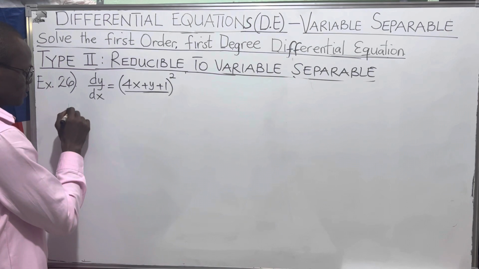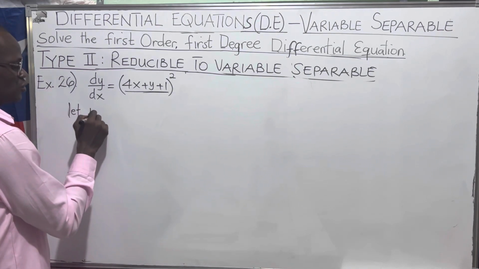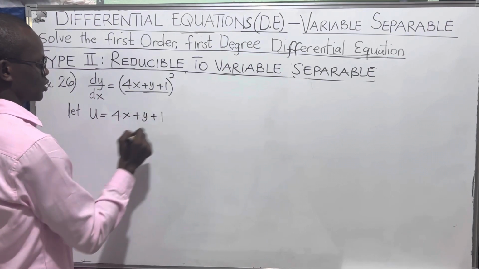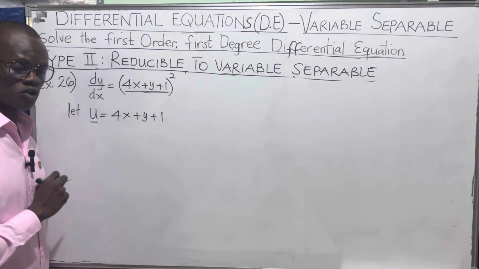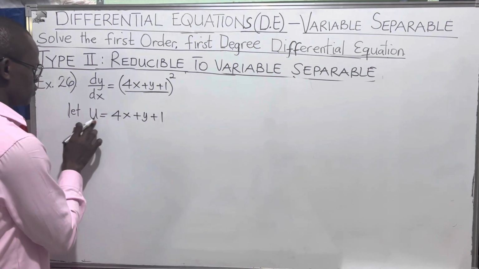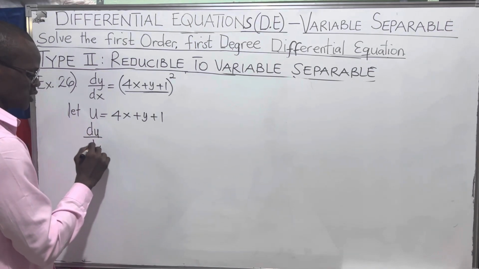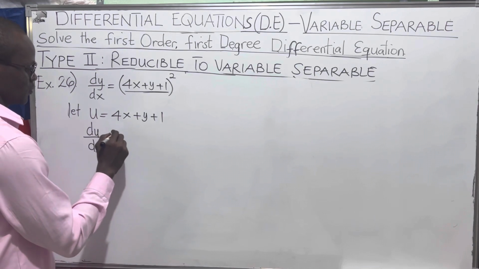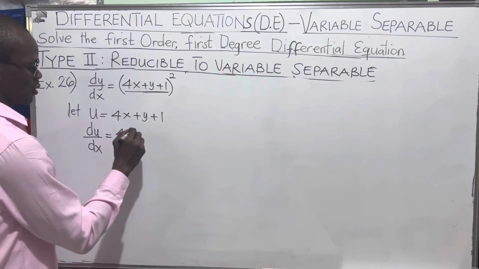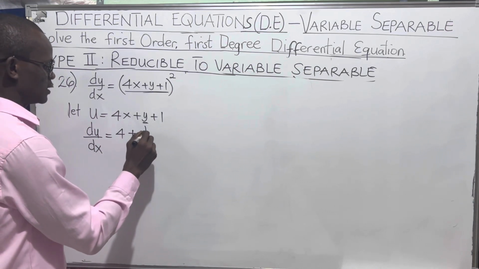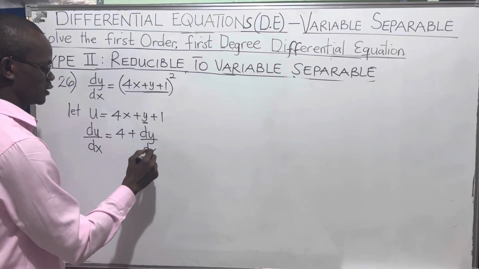So we can say let u equal 4x plus y plus 1. So u now is the new function. So we must differentiate: du with respect to dx is equal to 4 plus, now since y is another function, we attach dy by dx.